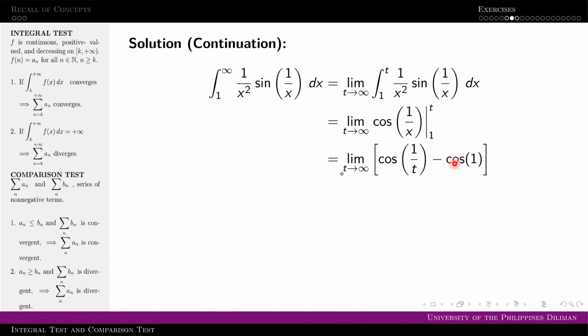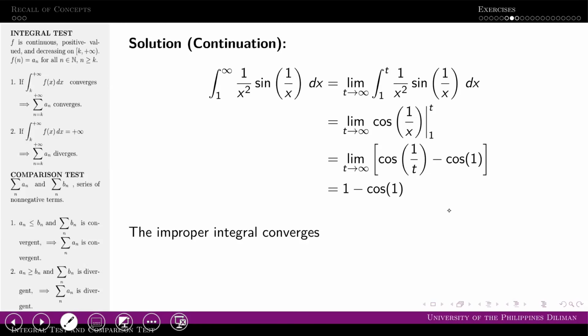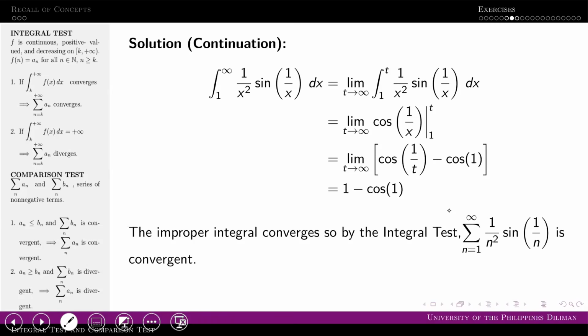Now, approaching t to infinity, yung 1 over t magiging 0. So, yung cosine 0 ay 1. So, finally, our improper integral would just be 1 minus cosine ng 1. So, since yung improper integral natin nagko-converge, which is case 1 ng integral test, we can conclude that our series is convergent.